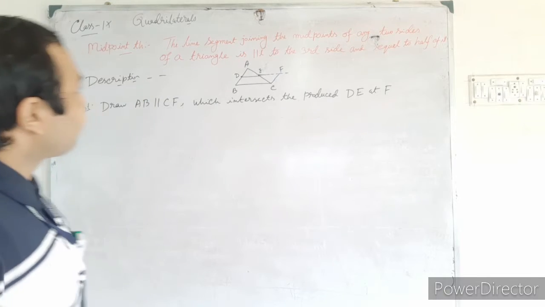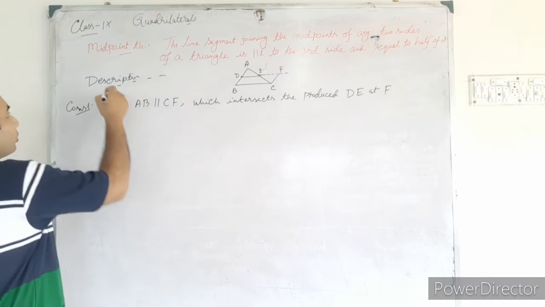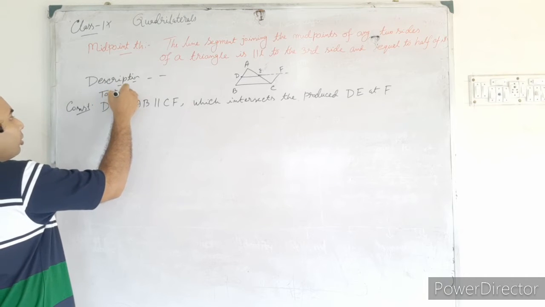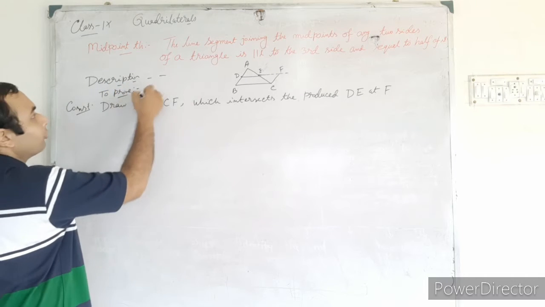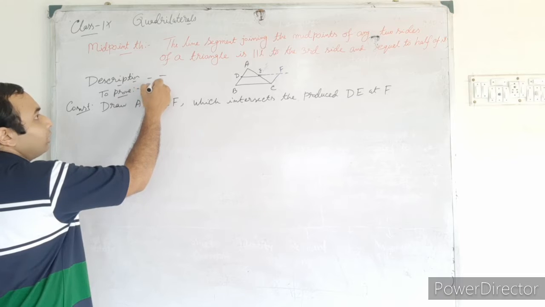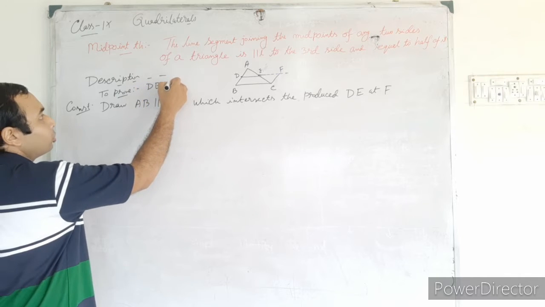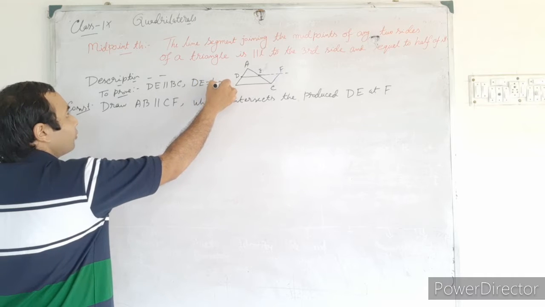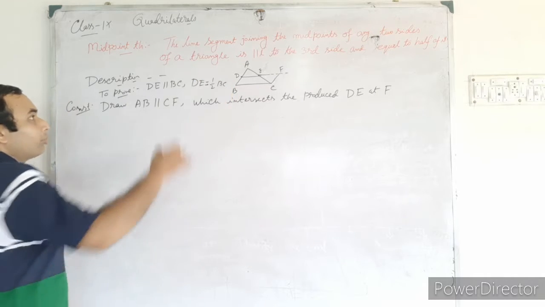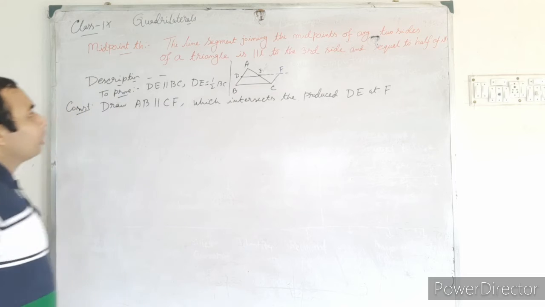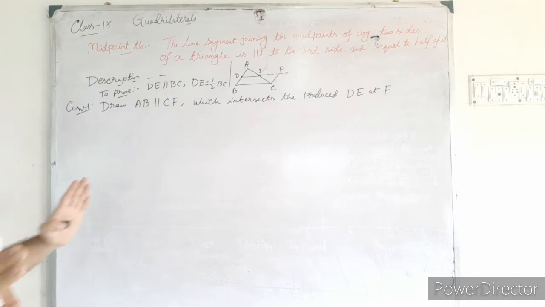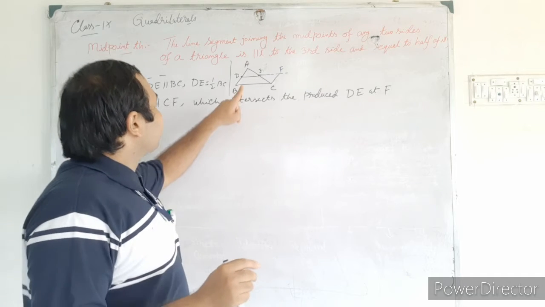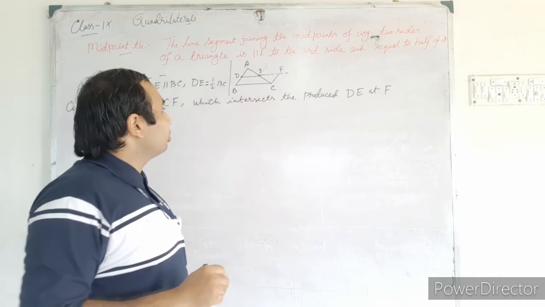Okay, so now what to prove? Your target is to prove DE is parallel to BC and DE equals half of BC. First of all let us try to prove DE is parallel to BC.